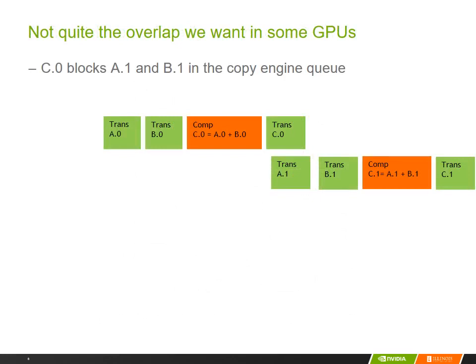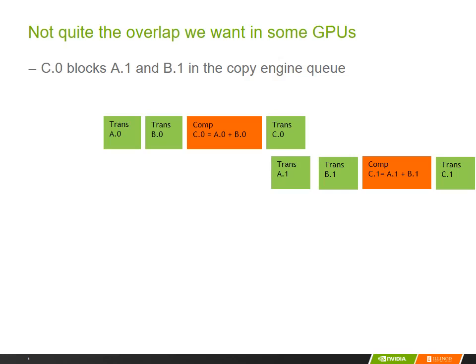As a result, when we look at the timing diagram in this slide, we will have the memory transfer for A0 and B0 released from the queue, and then the compute of C0 will be underway. Then eventually we would release the transfer of C0 into the copy engine. Unfortunately, because C0 is in front of A1, A1 and B1 will not be released until C0 is released.